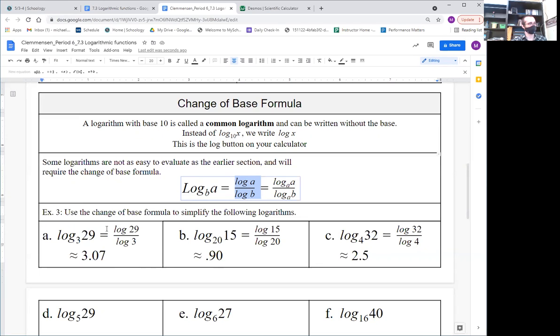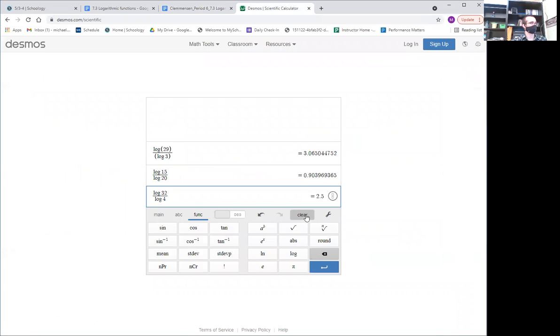Let's do that now. For A right here, we're going to put it into this calculator right here. Clear all. I go log. I can either include the parenthesis or not. 29 divided by log 3.